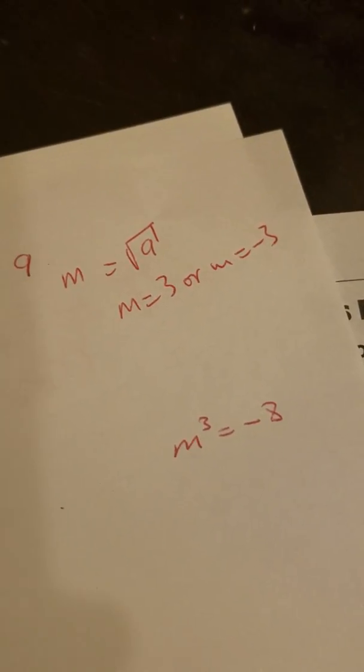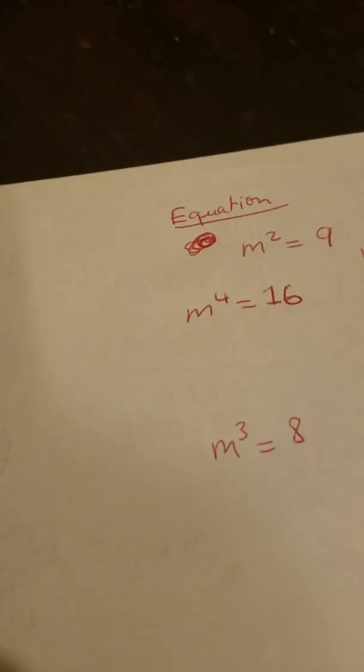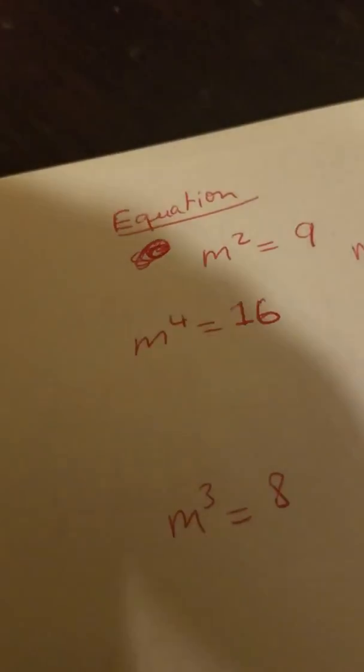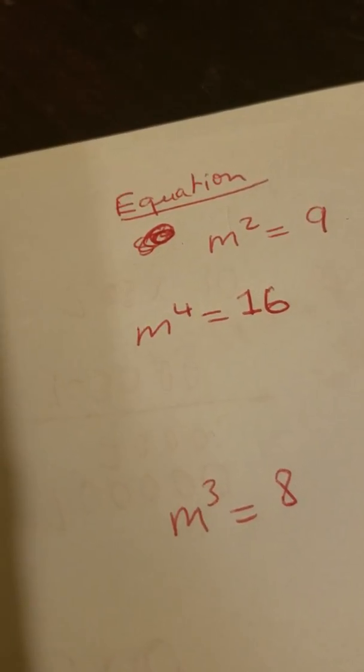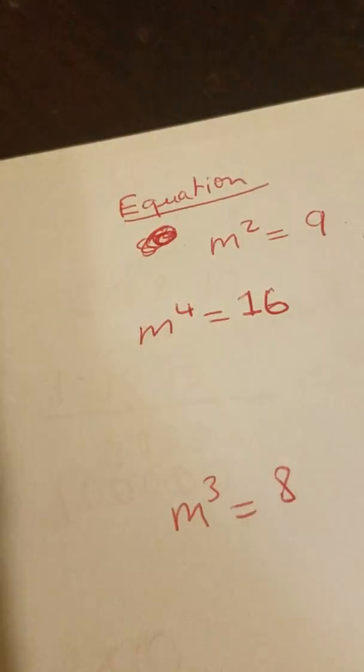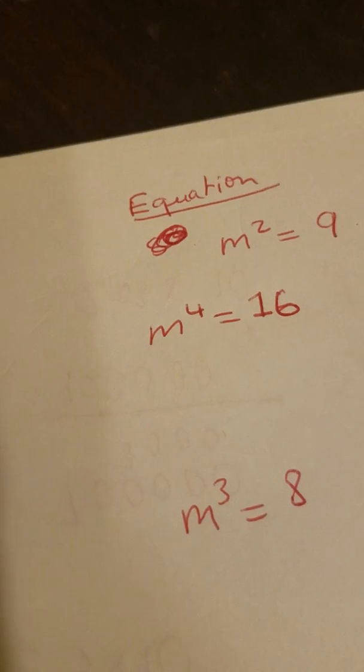Now same thing, you know, this is m to the power of 4. Because 4 is even, it's going to have 2 answers, a negative number and a positive number. In this case, m is going to be equal to the 4th root of 16, and m is either going to be 2 or m is going to be equal to -2.